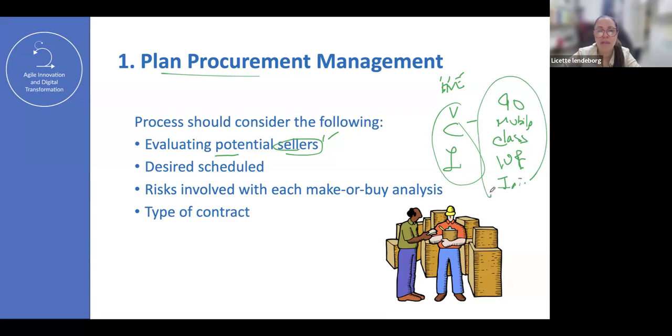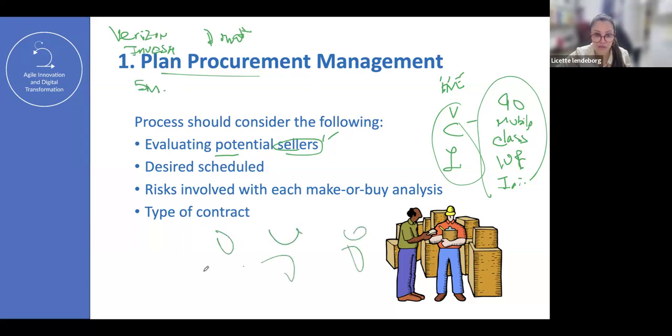It was a multi-million dollar donation for the government. Verizon invested $5 million to create 90 mobile classrooms for the public schools that didn't have resources to buy computers. So that was a huge donation.